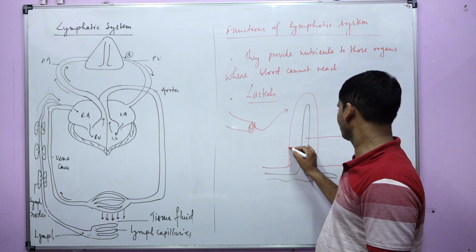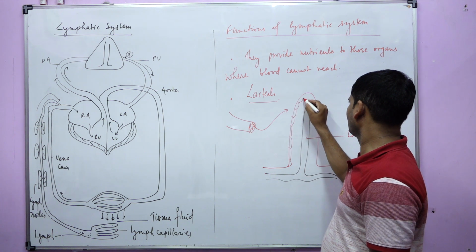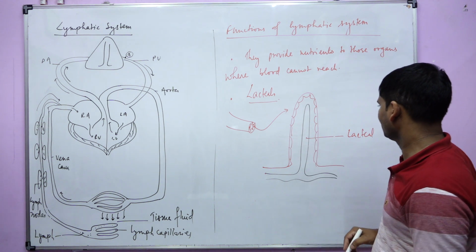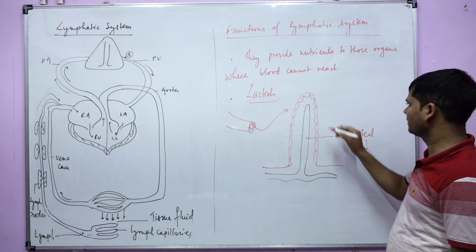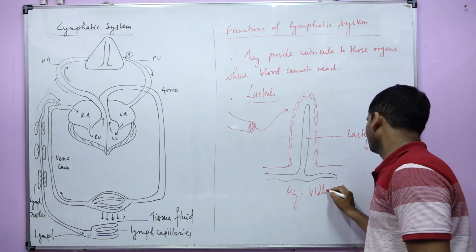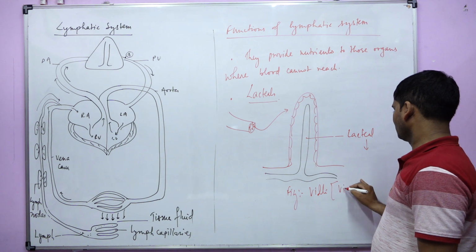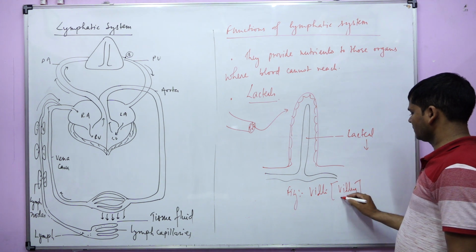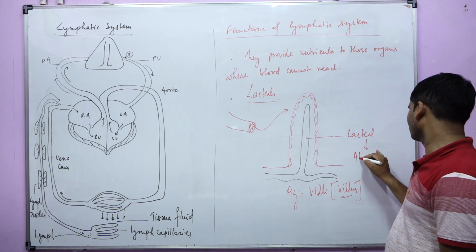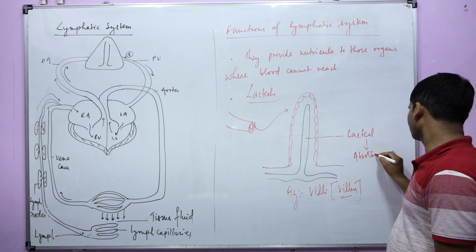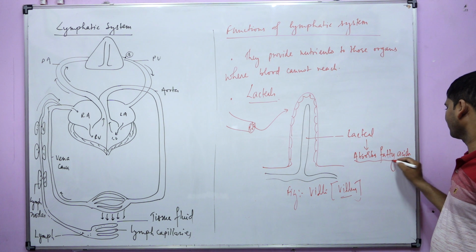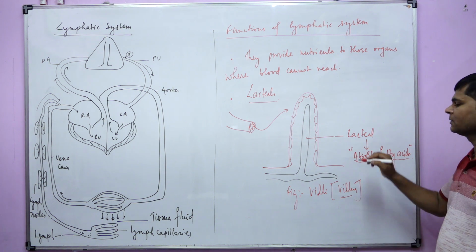We have an epithelial wall, but we have that lacteal. What is the role of this lacteal over here? This figure is of villus. Plural is villi, but singular is villus. So this lacteal helps to absorb fatty acids. So this is one of the important functions that it has.